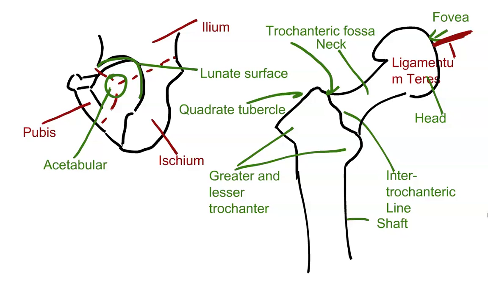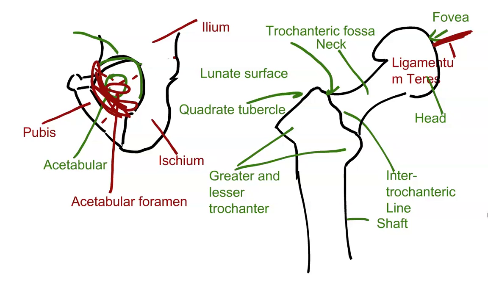Just to reconsider the acetabulum, the inferior border is covered by the transverse acetabular ligament, with a little gap inside called the acetabular foramen. So that's just a gap under the ligament. This external ridge is the labrum, and the lunate surface is the bit on the inside.